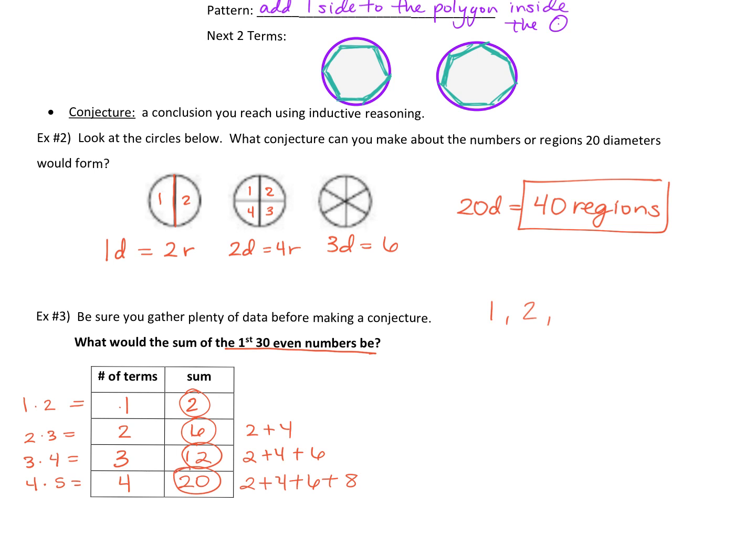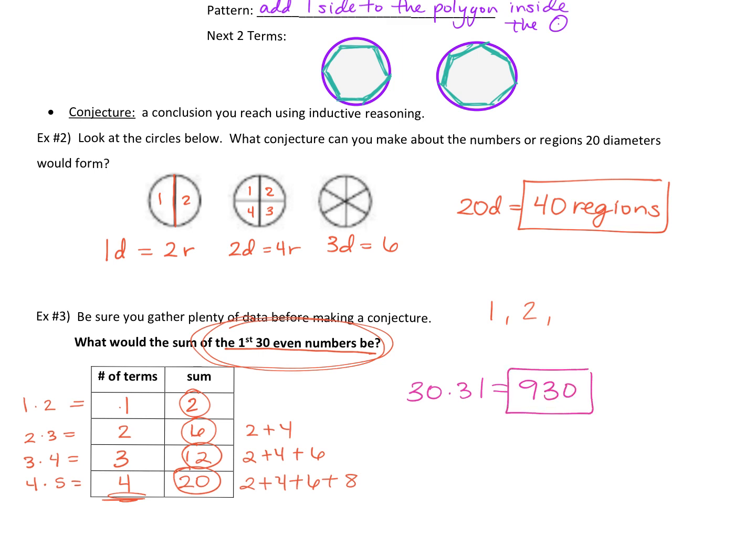So basically what you're doing is you're taking the term number times the term right after it. So the 4th term was 4 times 5. So the 15th term would be 15 times 16. So the 18th term would be 18 times 19. So the 30th term, so the first 30 even numbers would be what? 30 times 31.